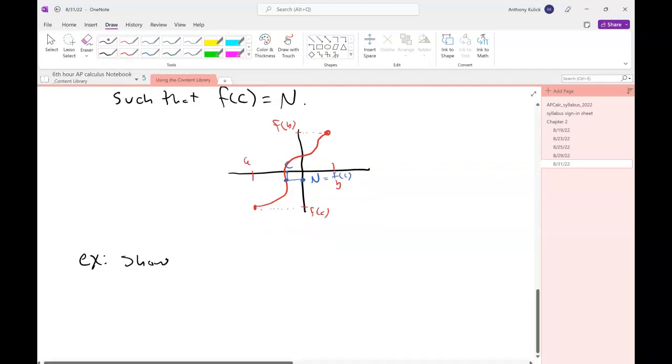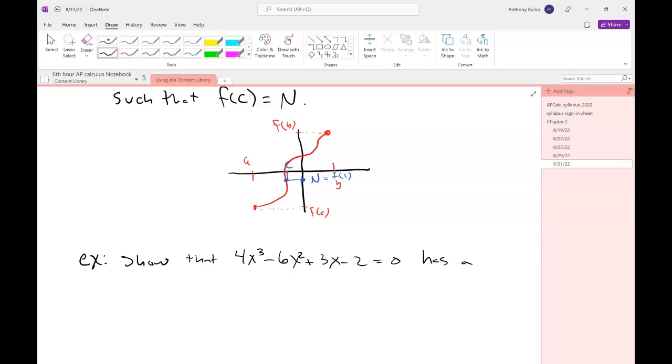Most cases are going to be things that are kind of proofy. So questions will be like, show that, which is basically saying prove. So show that this equation has a root between 1 and 2.